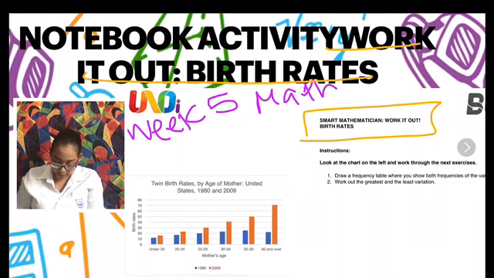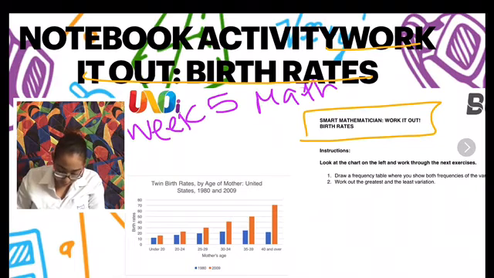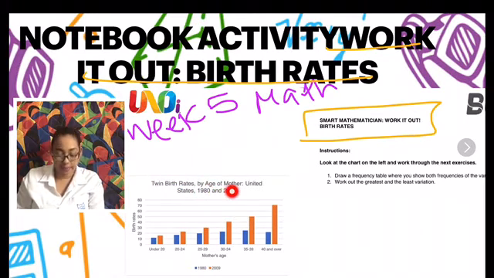Over here, you have to look at the chart on the left and work through the next exercises. This is your chart located to your left. It's similar to the one we saw in the purple information since we started the tutorial. First, look at the title: Twin Birth Rates by Age of Mother, United States 1980 and 2009.